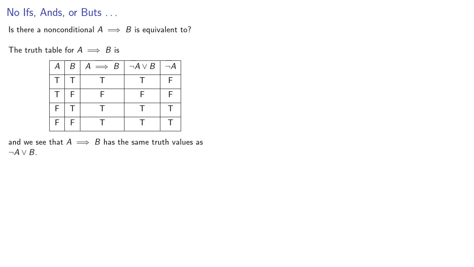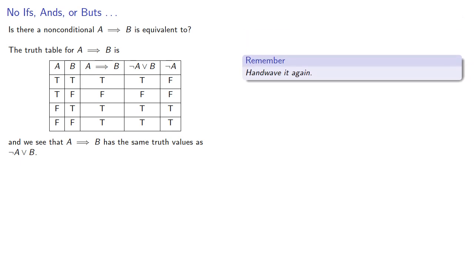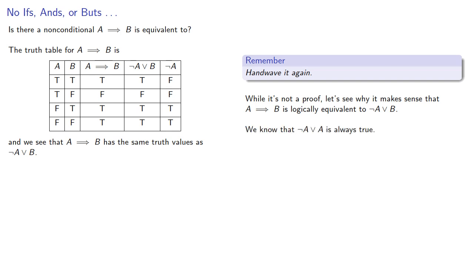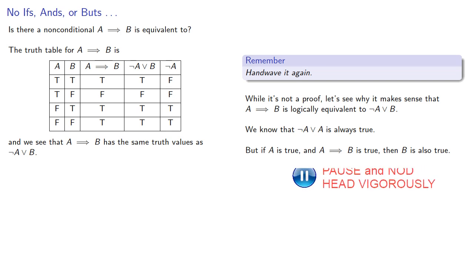And it's not a formal proof, but let's do some hand waving. Let's see why it makes sense that if A then B is logically equivalent to not A or B. Now we know that not A or A is always true. But if A is true, and if A then B is true, then B is also true.